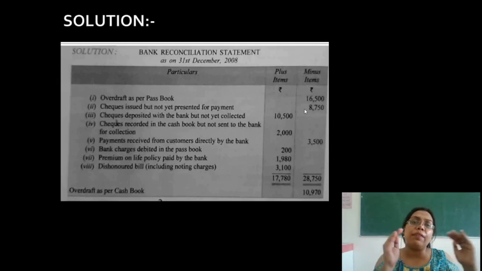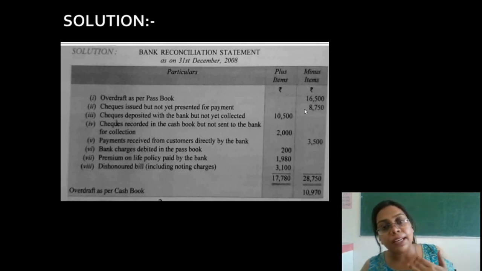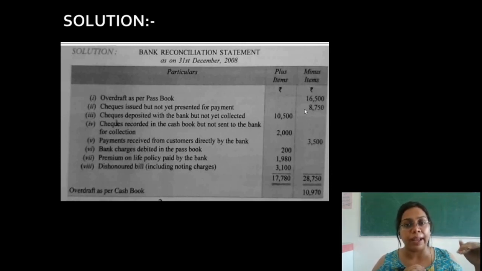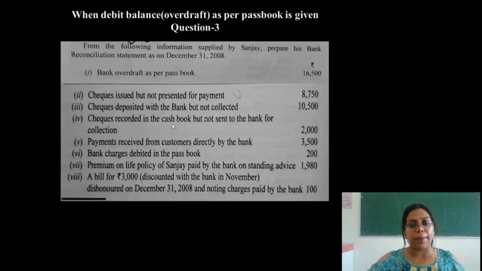It is totally opposite of what we have done in the two previous cases, debit balance as per cash book and credit balance as per cash book. Whatever we have added till now will be subtracted, and whatever we have subtracted till now will be added back to the BRS. Moving forward, checks deposited with the bank but not collected.